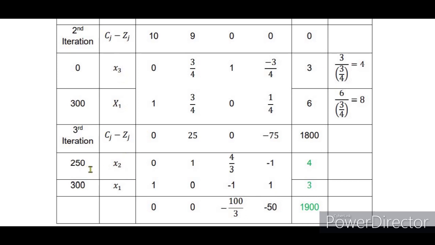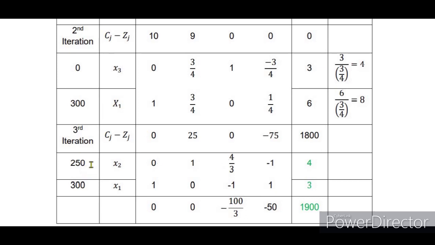And of course, we will put here under c sub b the value of the numerical coefficient of x sub 2 in our objective function, which is 250. Right?